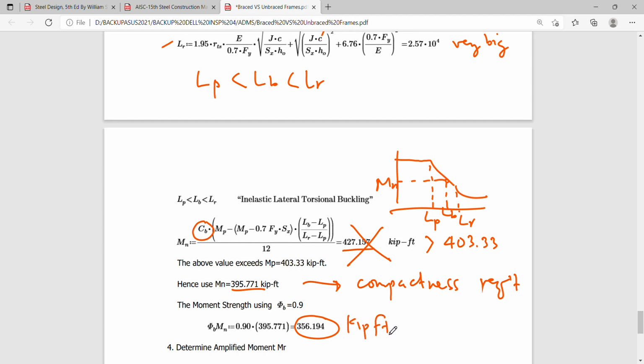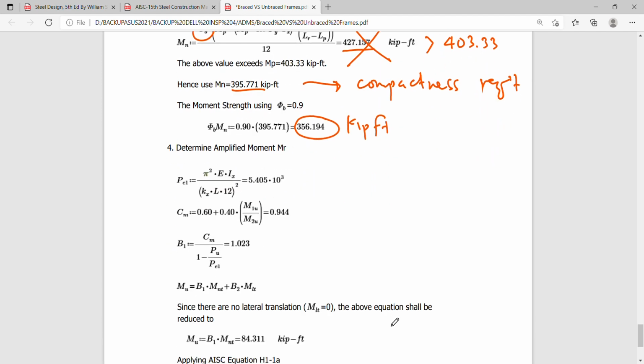So I have now my capacities, okay, strength and capacities together with the loads. Okay, I now need my amplification factor for me to be able to compute for the magnified moment MR or the amplified moment MR, which is actually equal to your MU design.